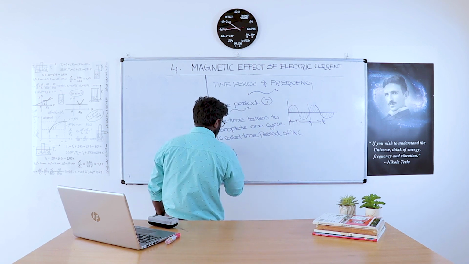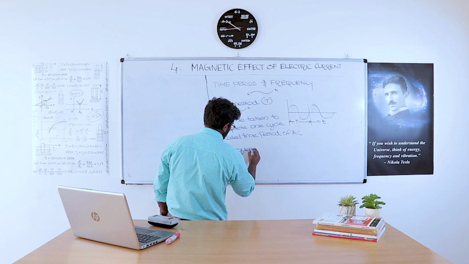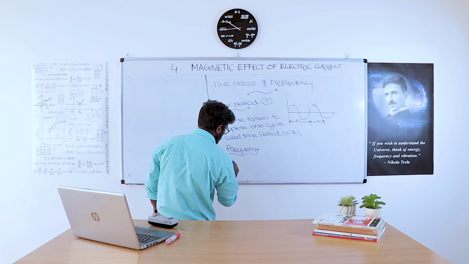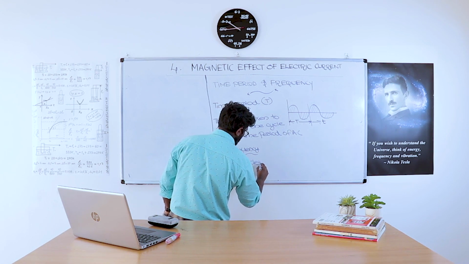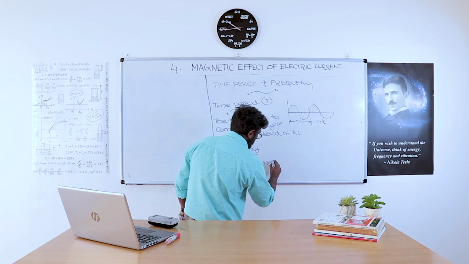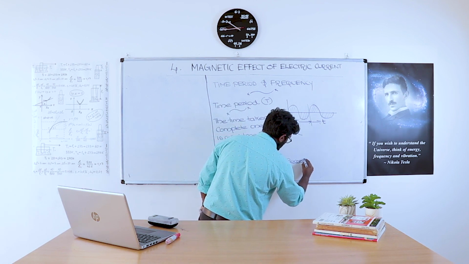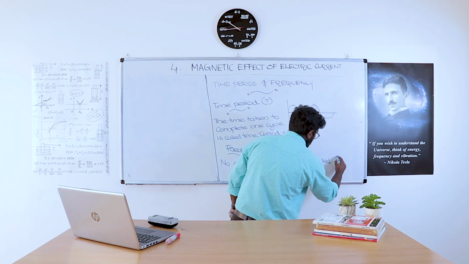Then we want to know what is meant by frequency of AC. Number of cycles in 1 second is called frequency.